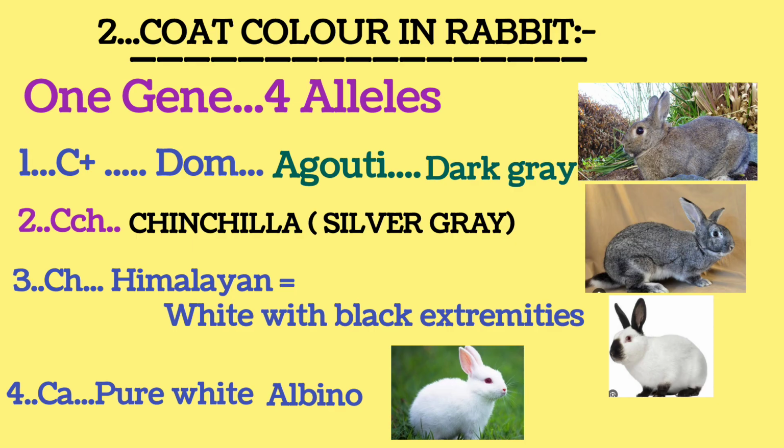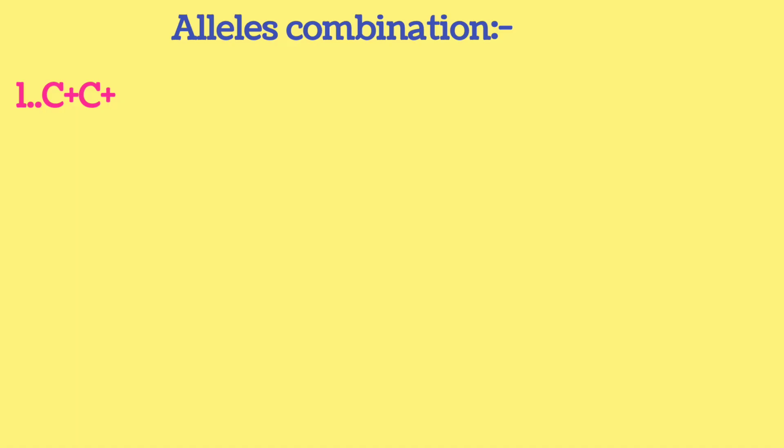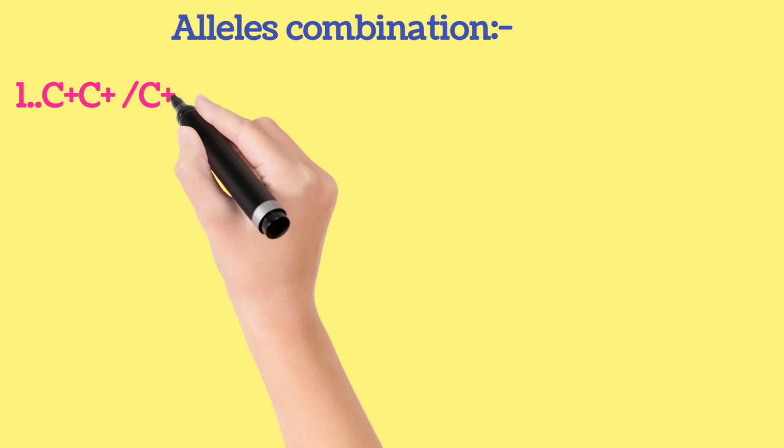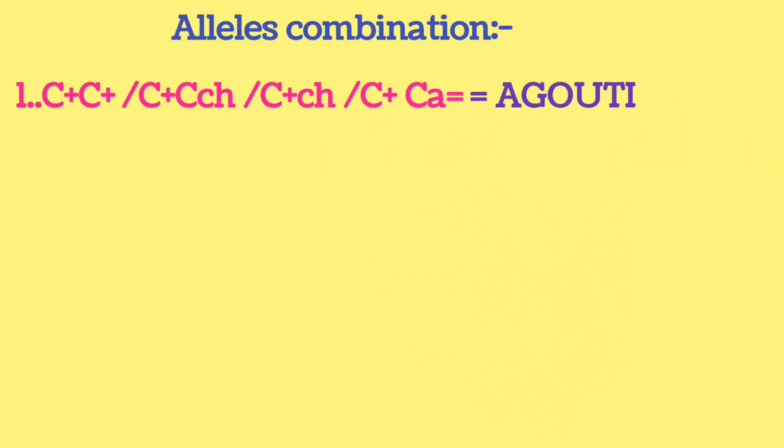Now let us evaluate the possible allele combinations in coat color of rabbit. Suppose in case number 1, if the dominant allele is present, the rest of the alleles will get suppressed. And we have a combination of alleles like this. It will form what we call agouti color because of the presence of the dominant allele.